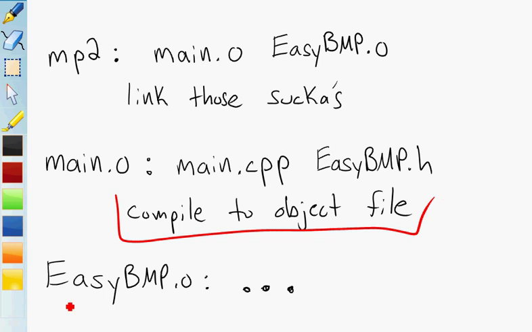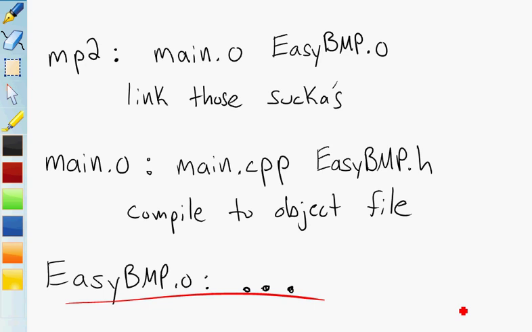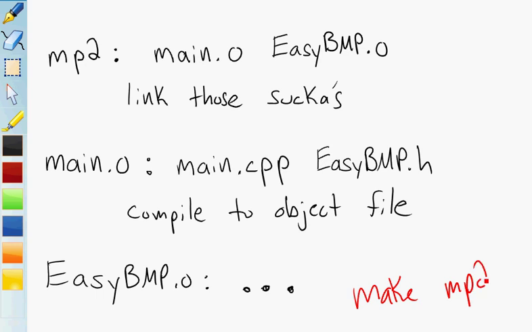The same thing for EasyBMP. I'm just not going to write it here. It makes it a little bit long. So anyway, going through the same set of processes, if we type make MP2, we go here. We check to see if we have main.o, and we don't. So we go here, and we check to see that we have these.